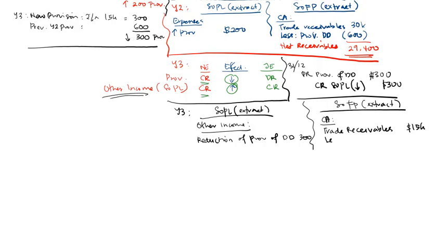And don't forget, we need to minus the latest provision. The latest provision was 300. This is the latest year 3 provision, not the drop of provision from year 2 to year 3. So be very careful. And with that, the net receivables will be lower at 14,700.